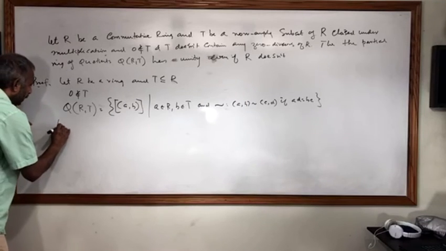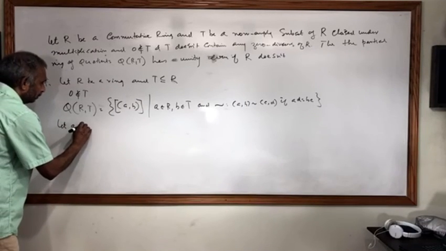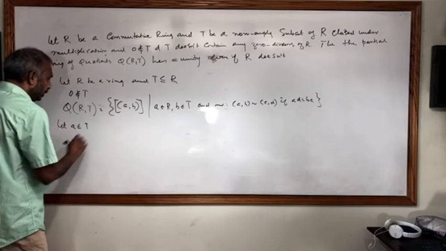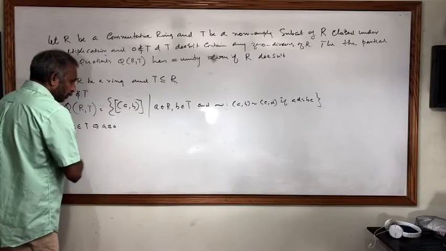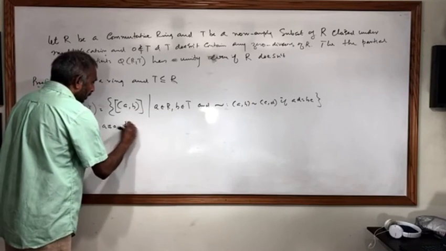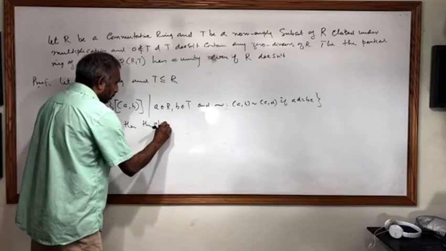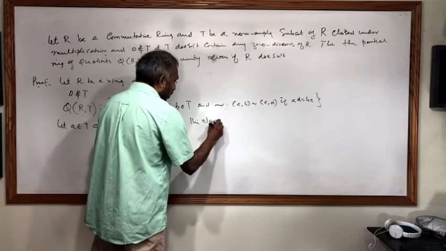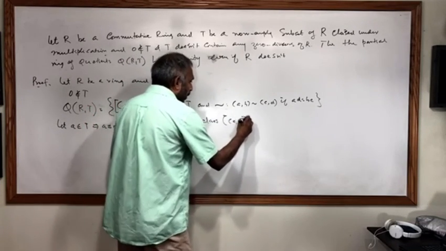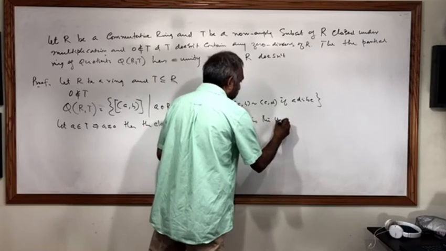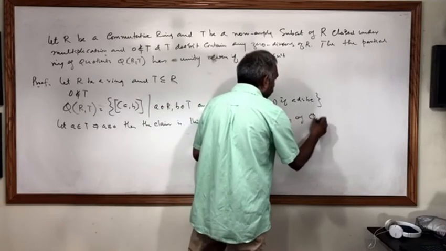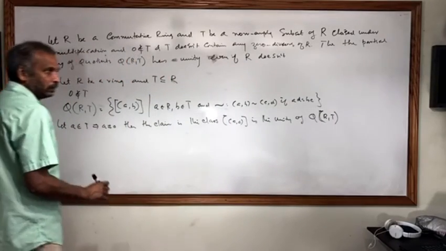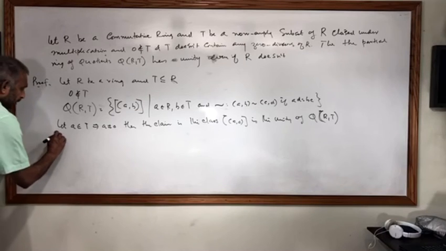So let a belong to T, and that implies a is different from 0. Then the claim is the class (a, a) is the unity of Q of R, T. How do you prove this? We'll see.